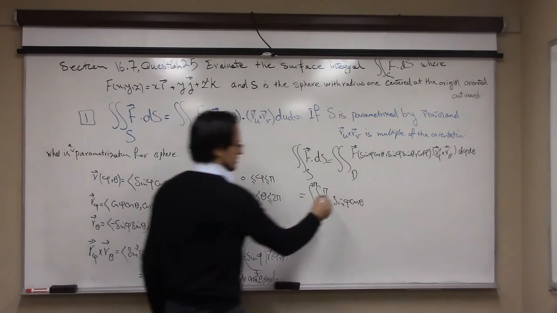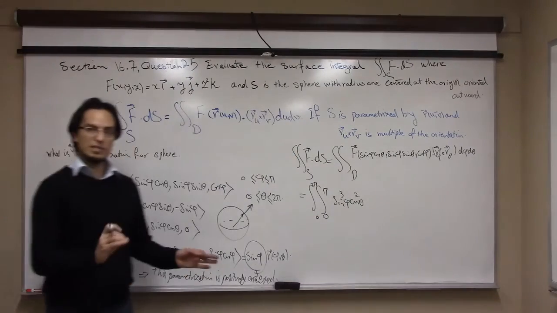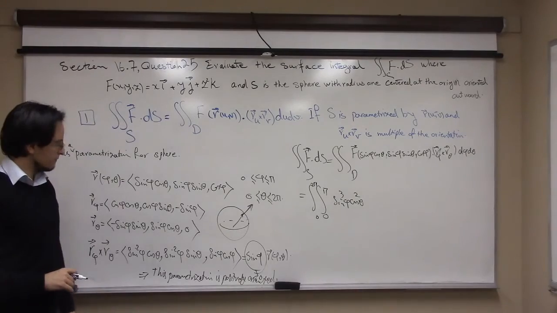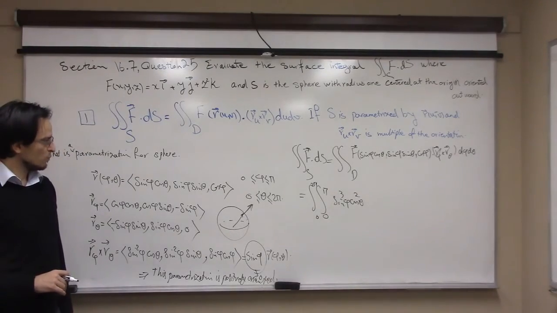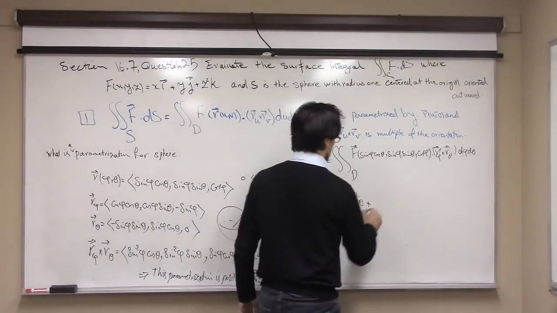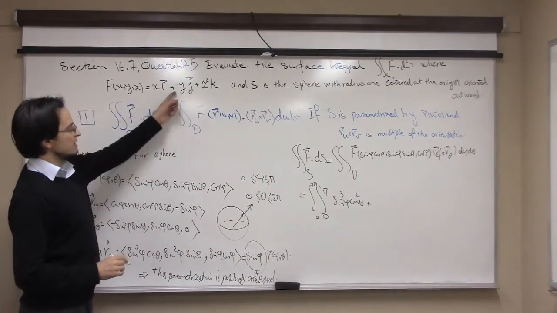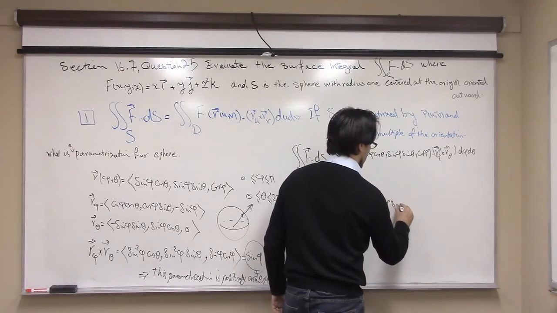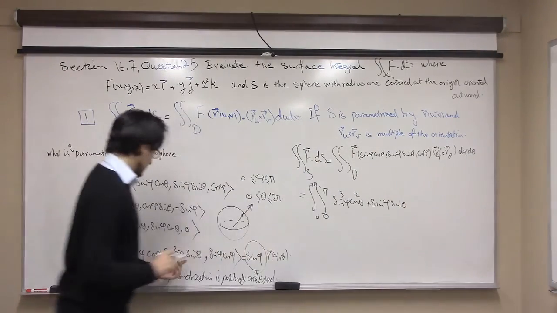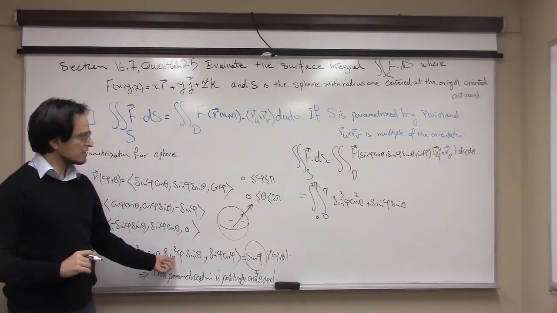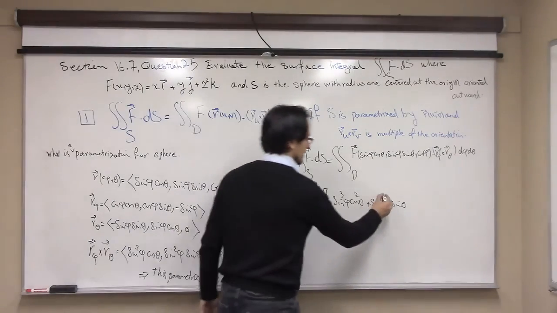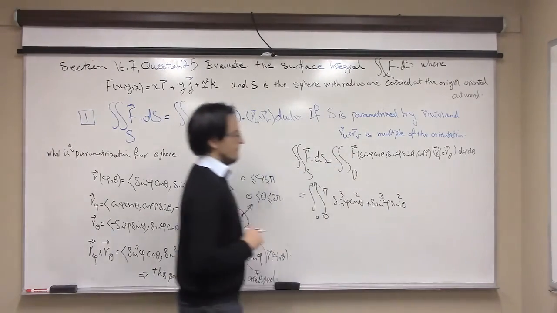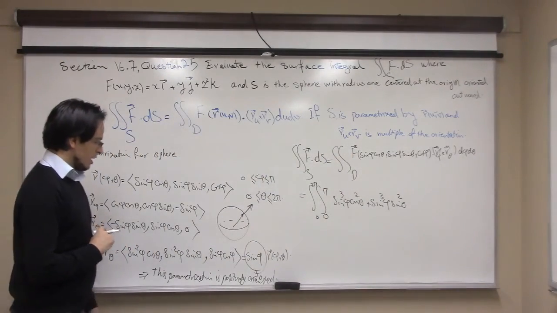So the first component dot the first component gives this term for x. Plus, the second component is y, and y is given by sine phi sine theta. Dot producted to this, you're going to get sine to the power 3 phi, sine theta to the power 2. That's good.